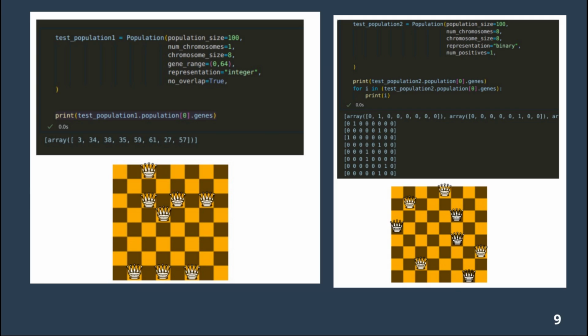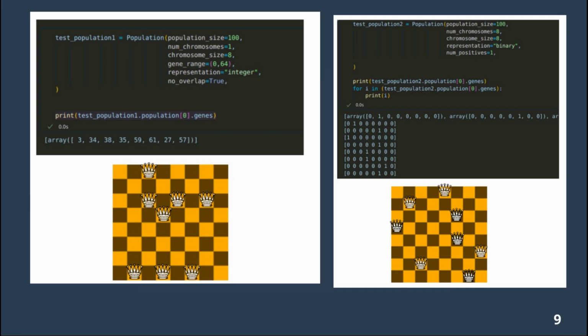So we're starting ahead by virtue of our representation, because the binary representation takes the variable that we can have one positive per one chromosome. And since one chromosome represents one line here, this means that one line will only have one queen. We are representing the same problem in different ways, and this will inevitably have an effect on how efficiently our algorithm will solve this problem.